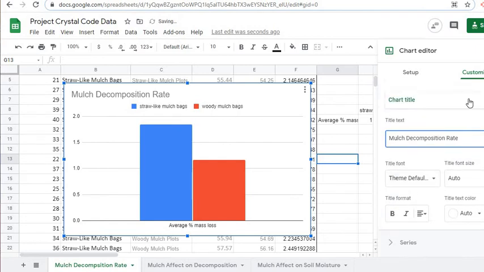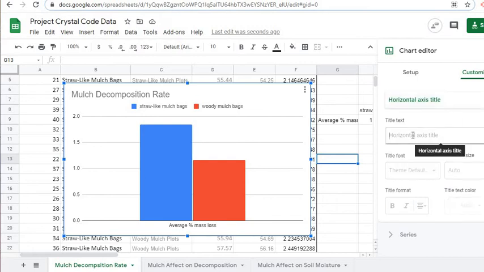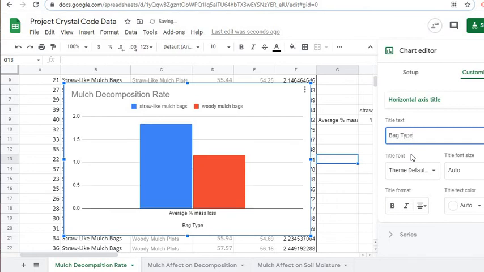And then you can also add our horizontal axis, which is our bag type, mulch bag type. And then our vertical axis, that's our percent mass loss.